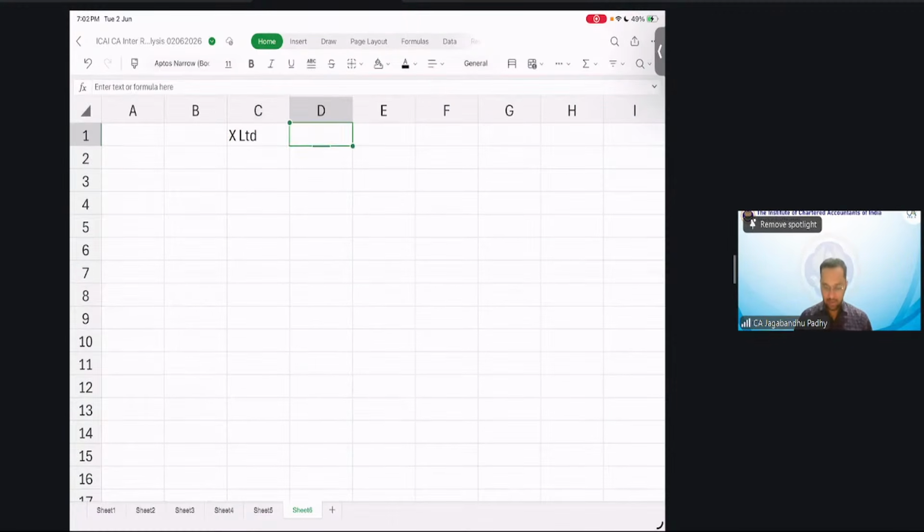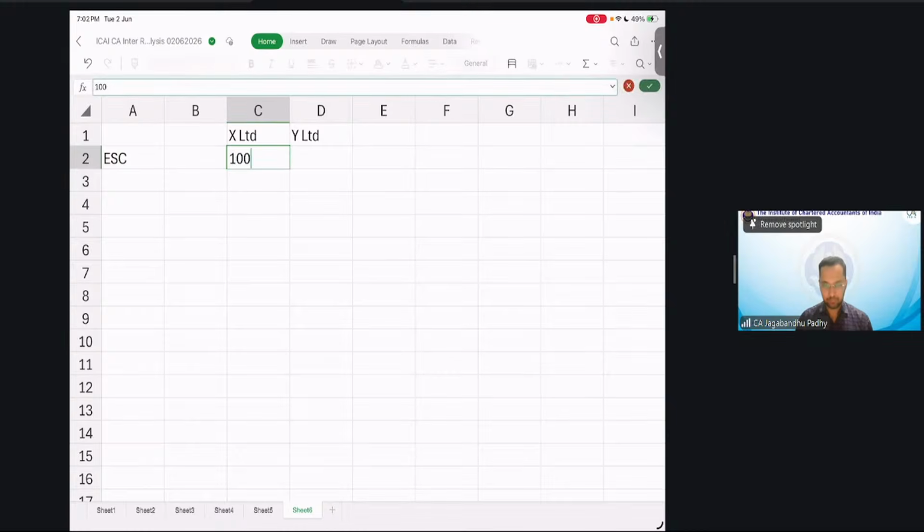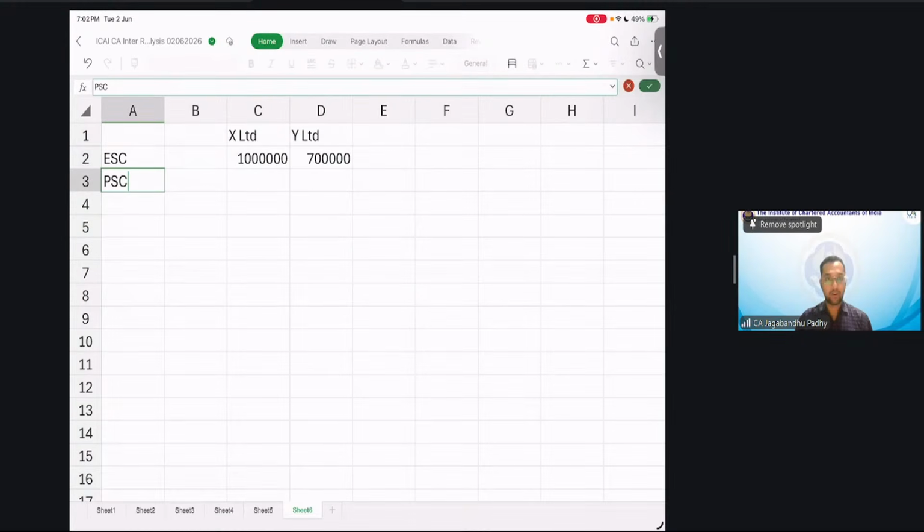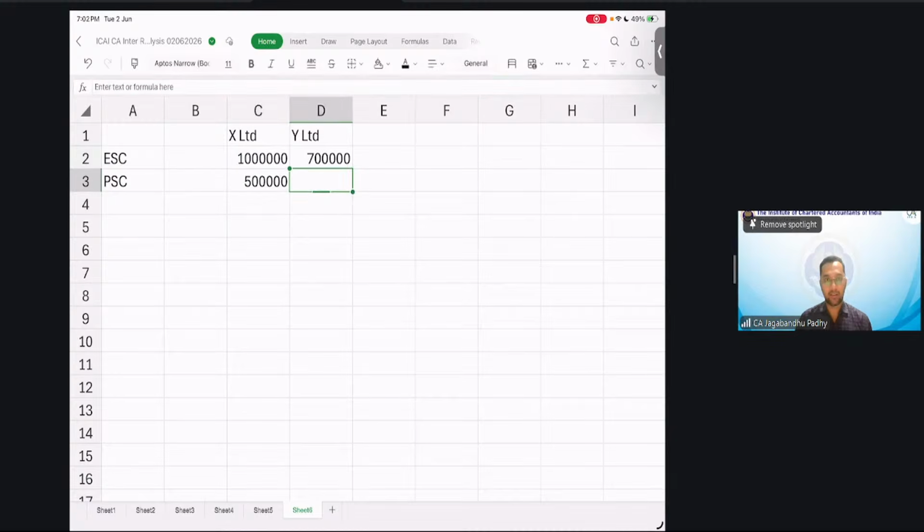So let's say X Limited and Y Limited, we're having two companies. Equity share capital, 10 lakh, and here it is 7 lakh. Preference share capital is 5 lakh and 6 lakh.